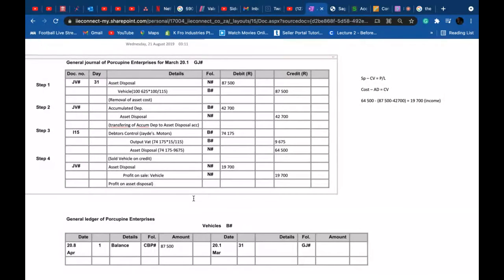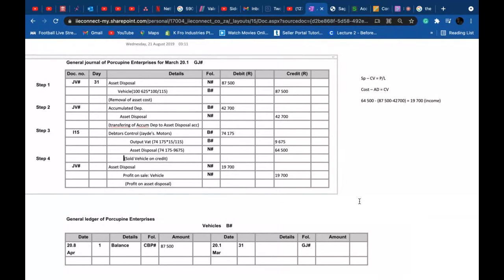You'll obviously make this neat. You can centralize it. There you go. Cool, and you're done in the general journal. Can you see you've done all your steps?